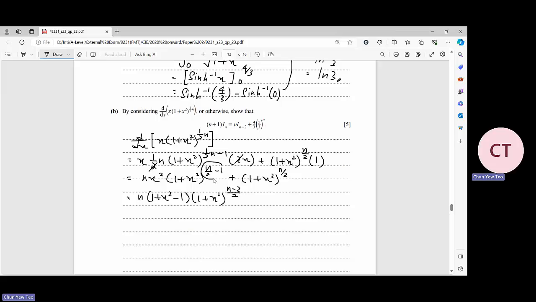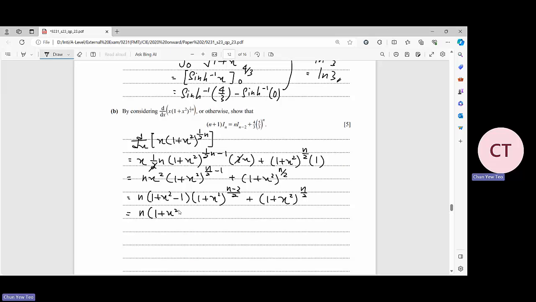You combine this together into one fraction, you'll get n minus 2 over 2. Then the last term over here, just write it down as usual. Now if you expand them together, then you will get this.